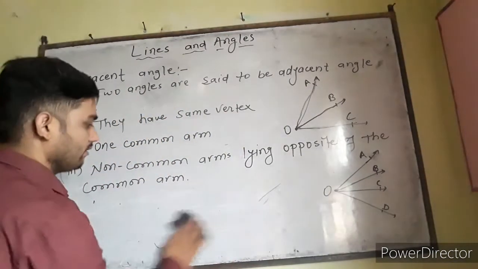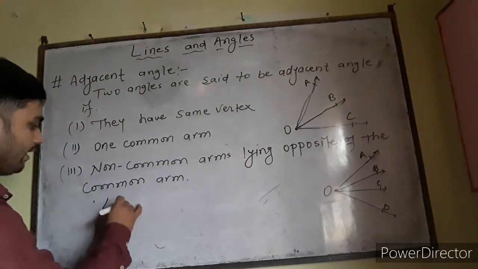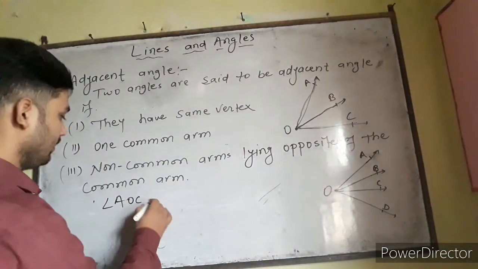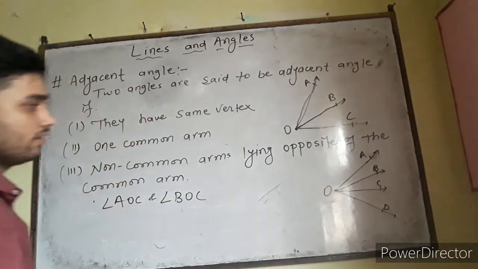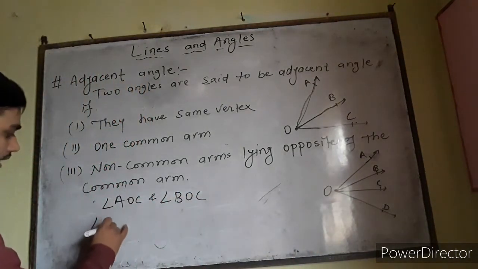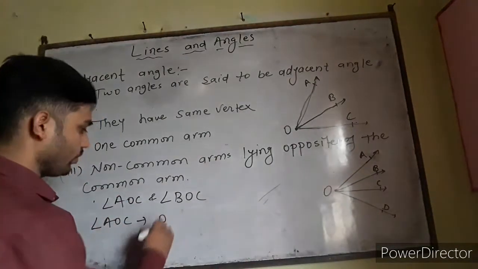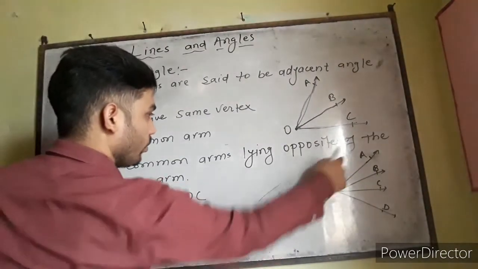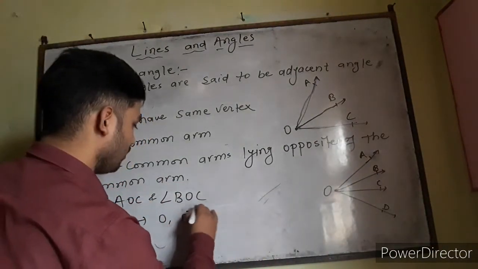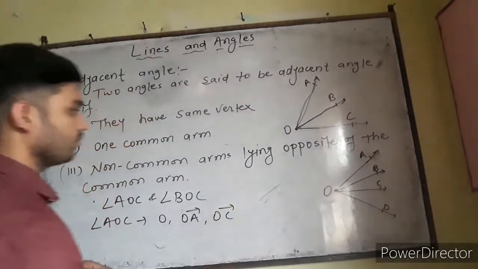If we take two angles like angle AOC and angle BOC, in this figure. For angle AOC, the vertex is O and the arms are OA and OC.